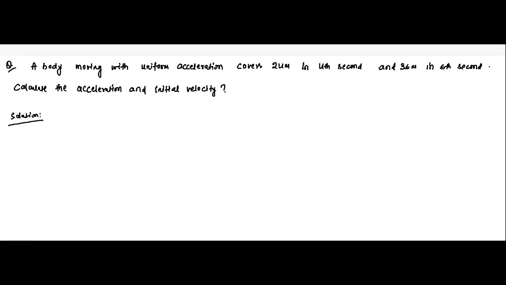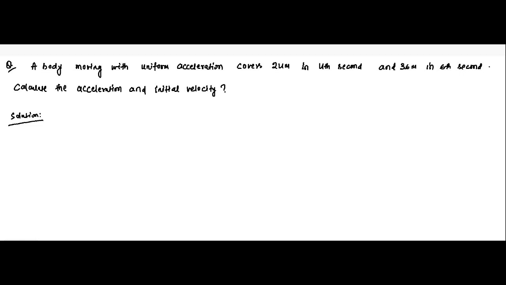So here is another question. It is given that a body moving with uniform acceleration covers 24 meters in the 4th second and 36 meters in the 6th second. Calculate the acceleration and initial velocity.